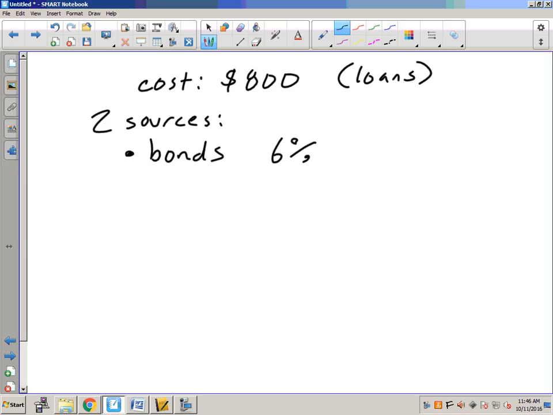Read that sentence very carefully, especially the two words that come immediately before $480 million. Up to $480 million. Are we going to borrow $480 million? No, that's the maximum. Maybe we will. We're certainly not going to borrow any more, but we could borrow less. 480 is the maximum amount of money that we're going to be able to get from selling bonds.